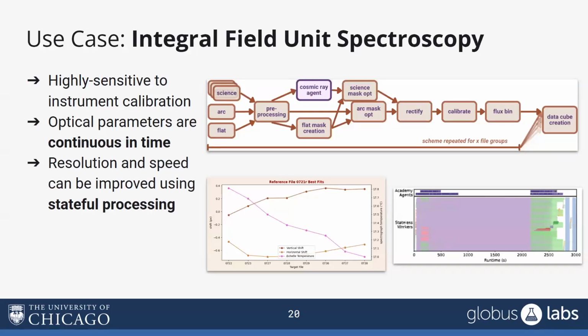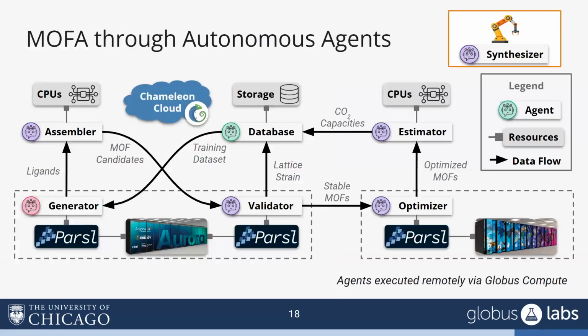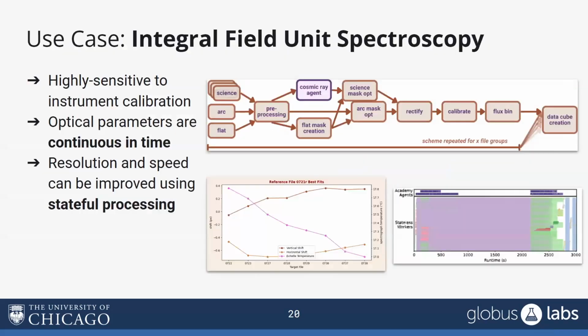This is another use case, whereas in the MOFA use case, we had agents manage their own workflows. This is an astronomical spectroscopy use case.